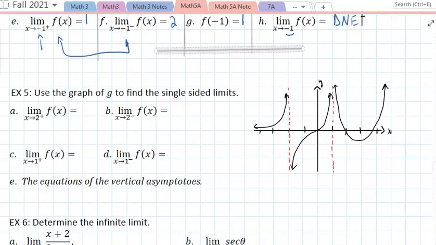Here's another example. Use the graph of g to find the single-sided limit. If I want to find the limit as x approaches 2, there's 2. From the right, if I get very, very close to 2, what's the y value?